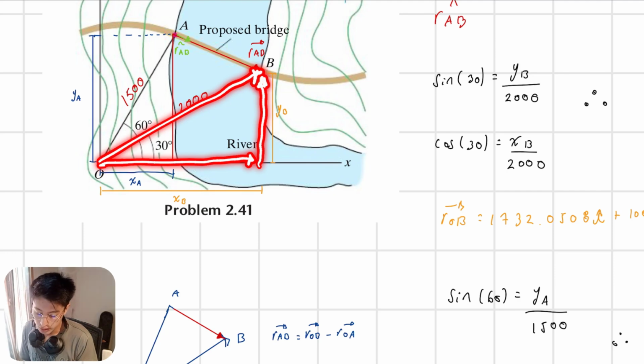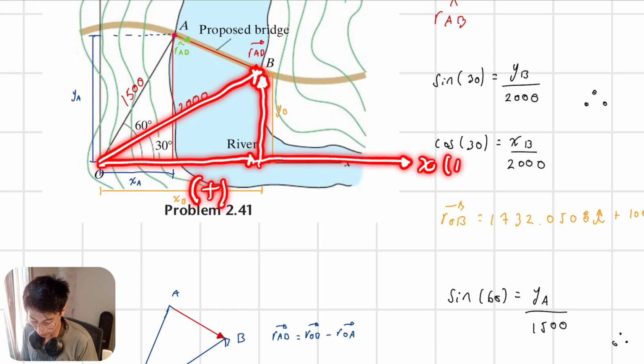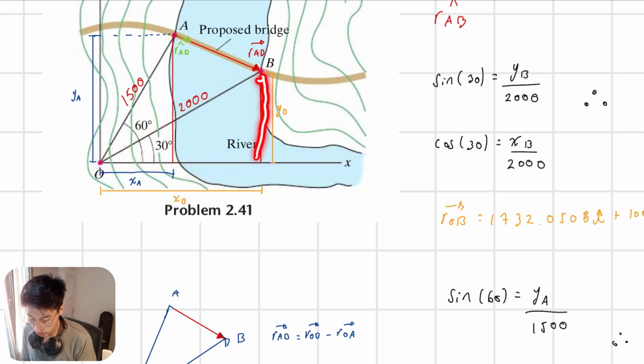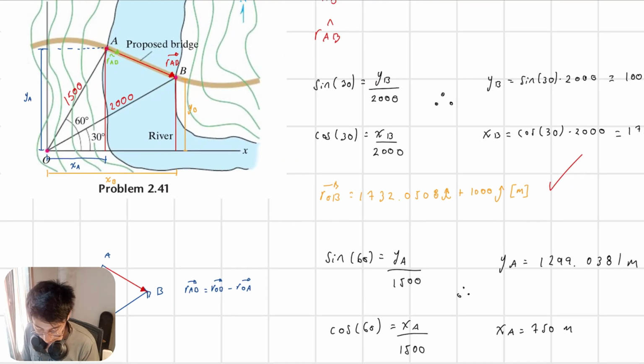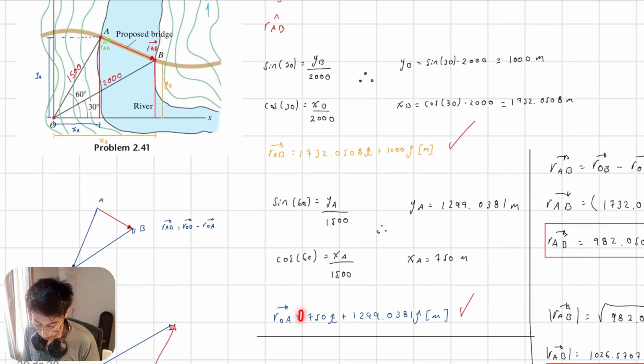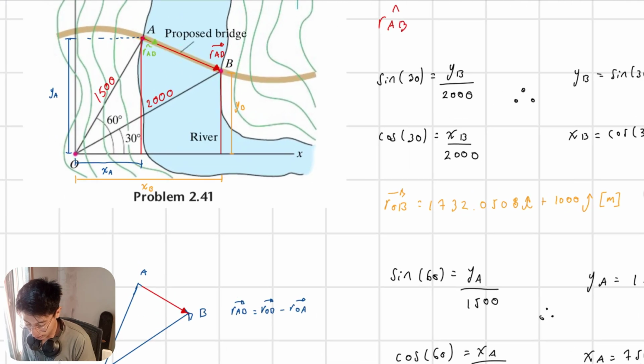Remember? Tail with head, and the solution tail with tail, head with head. This component is positive because it is pointing towards the same direction as x positive. The same thing goes for this other component. It is positive because it is pointing towards the same direction. So I knew that this is positive and this is positive. The same thing goes for this other vector, positive and positive, because of this component and this other component giving the solution.